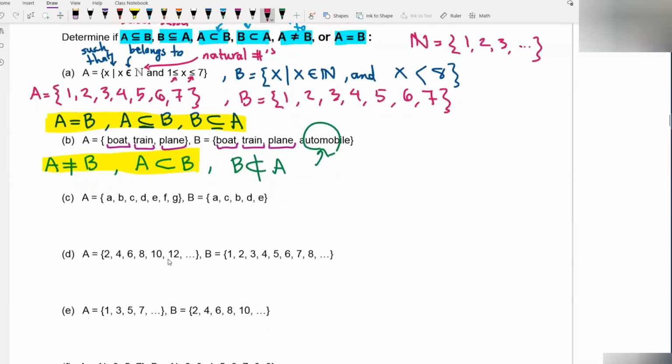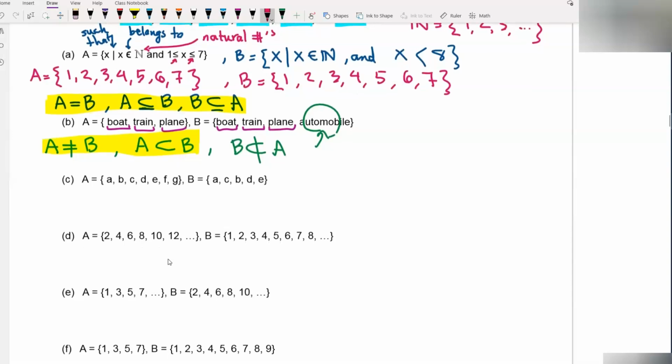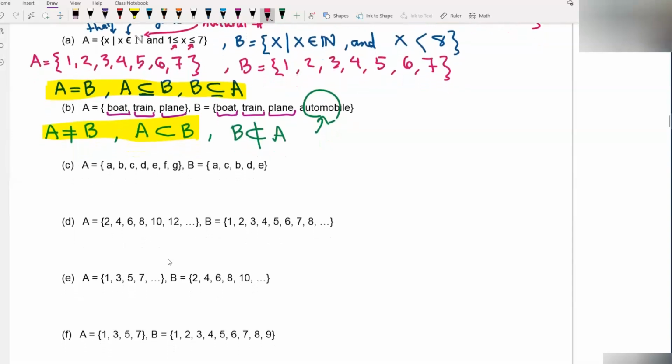Now part C. Set A, we have A, B, C, D, E, F, G, but B is A, C, B, D, E. Let's start from A. Do we have all members that I have in set A also in set B?